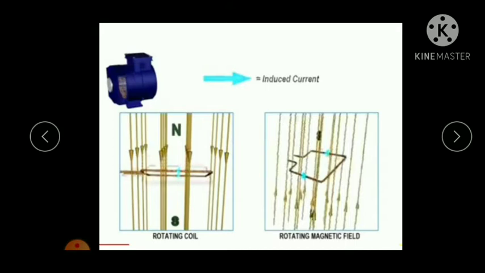In order to produce current, either the armature should rotate with respect to the magnetic field lines, or the magnet should rotate with respect to this coil.